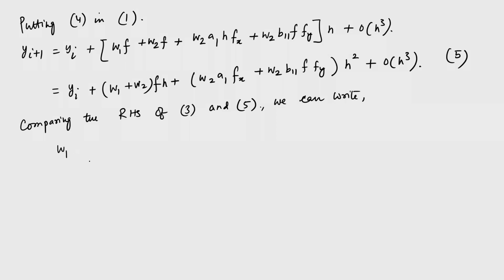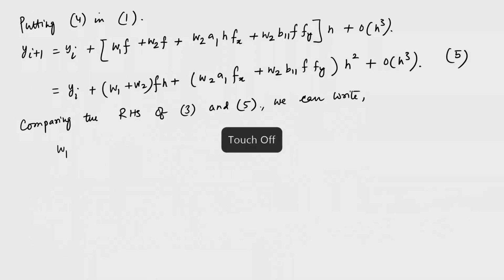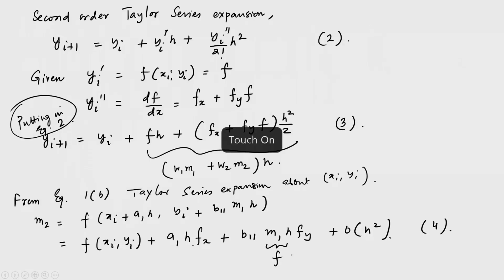So, you see that f h comes with a weight 1. Okay. So, there is 1 here. So, W1 plus W2, which is the weight of the f h term, is equal to 1. Now, you see that h square comes with f x plus f y f divided by 2.